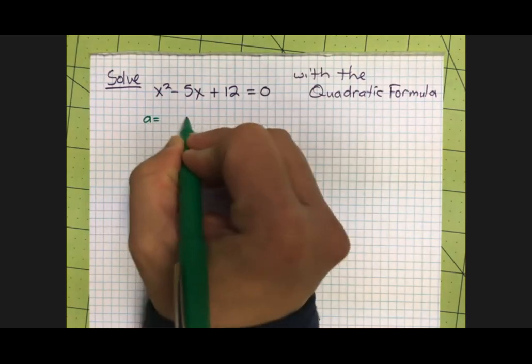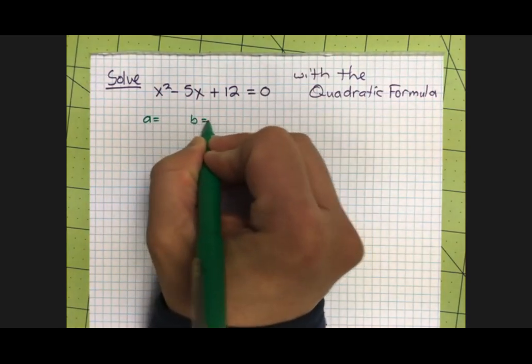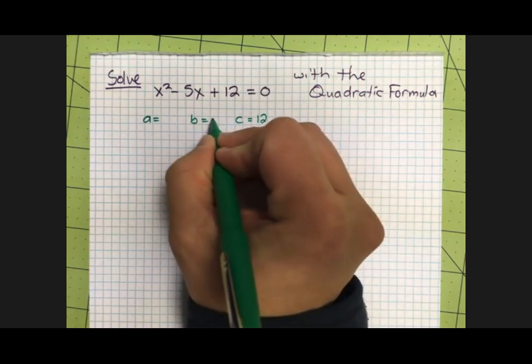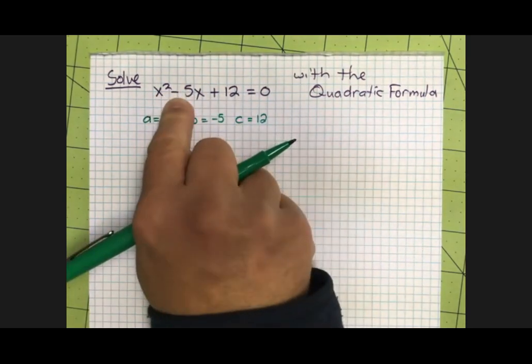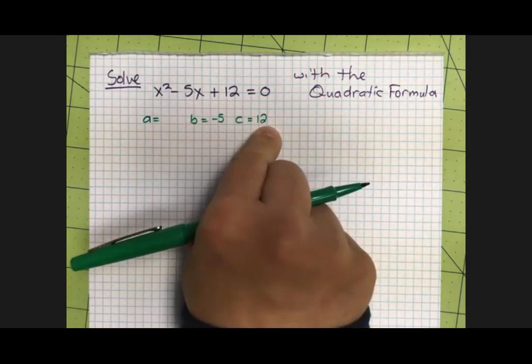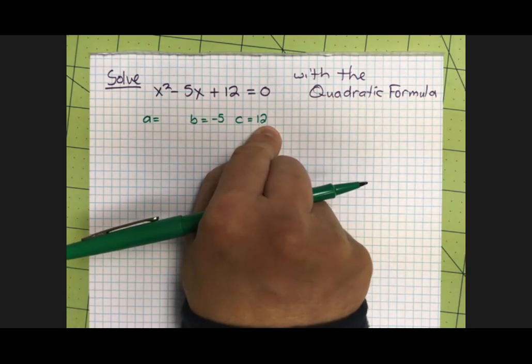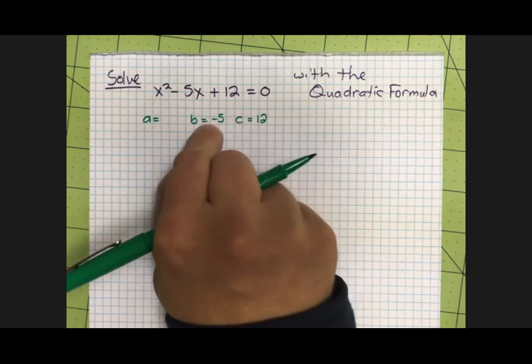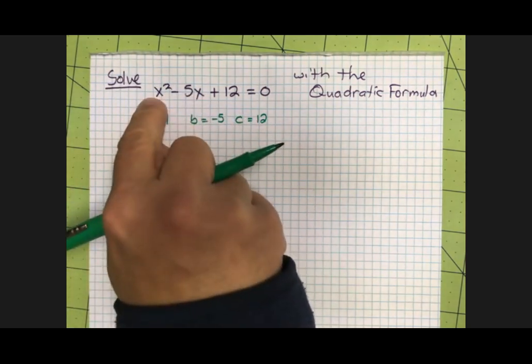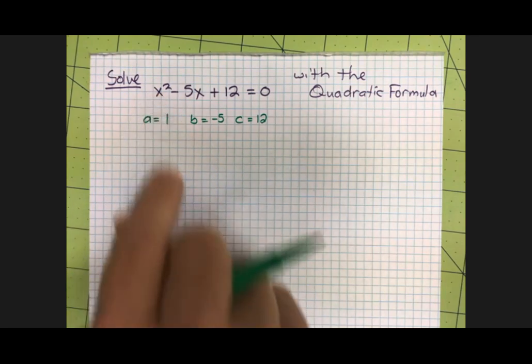What's the a, b, and the c? Notice the b is -5. So if there's a sign there, it belongs to that number. -5 plus 12. I don't write plus 12. You can, but I better write -5. And the a here is 1. Don't say there's no a. There's a 1 right there.